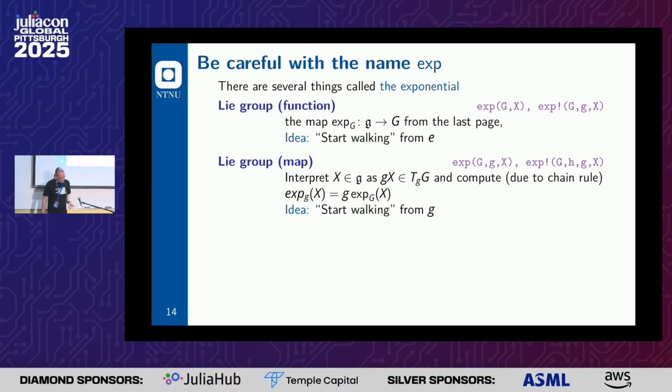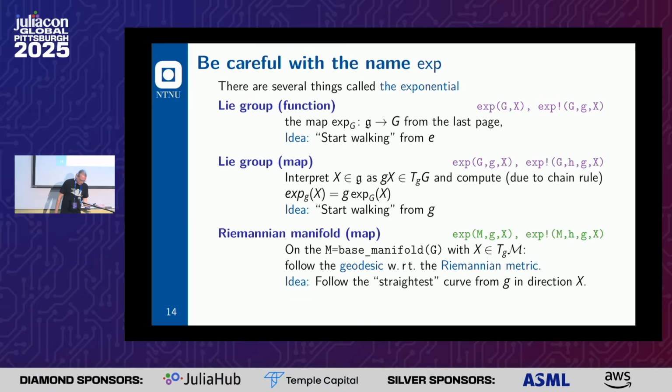And then I have to be careful because also the Riemannian manifolds have something that's called geodesics, acceleration-free curves with respect to the Riemannian metric. So that's also an exponential map on a manifold from a point G in direction X. So be careful if you see exp, because it has these three different meanings. You always have to check a bit which one is which.